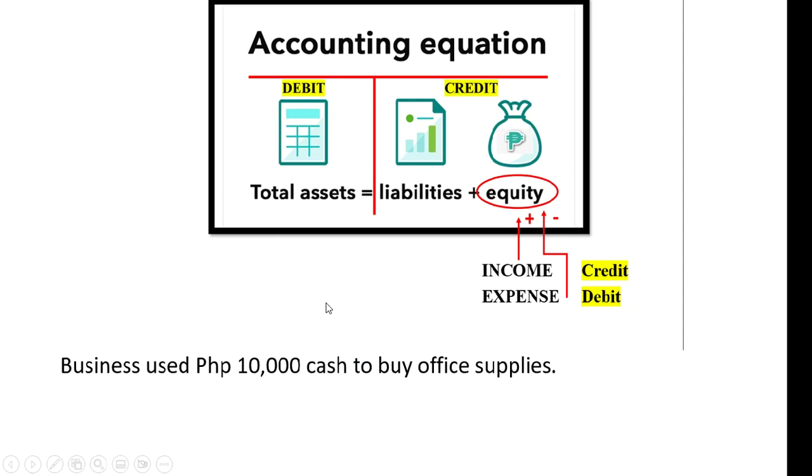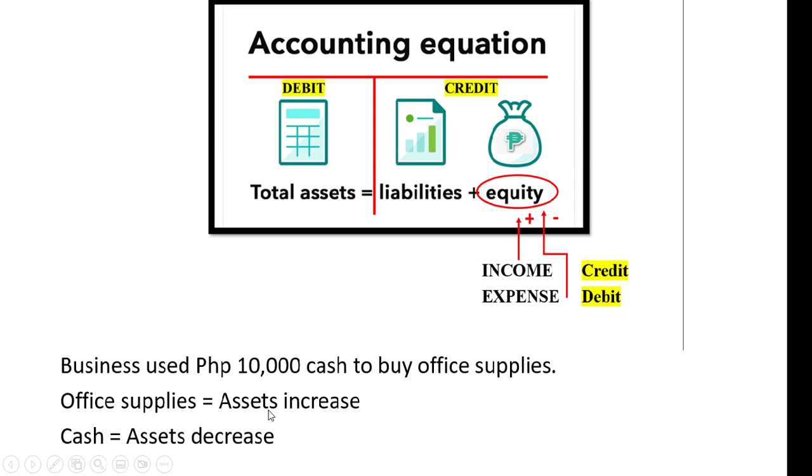The business used 10,000 cash to buy office supplies. So what happens here is that the business has acquired office supplies. Office supplies are considered an asset. At the same time, the business uses 10,000 cash. It gives up the 10,000 cash. So cash is an asset, but this time the asset has decreased.